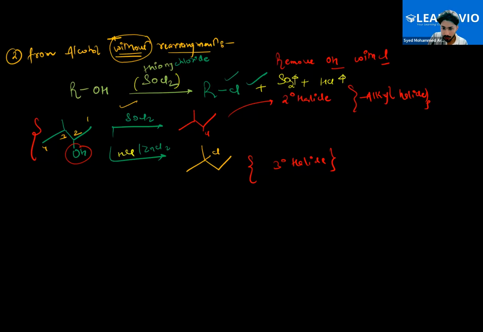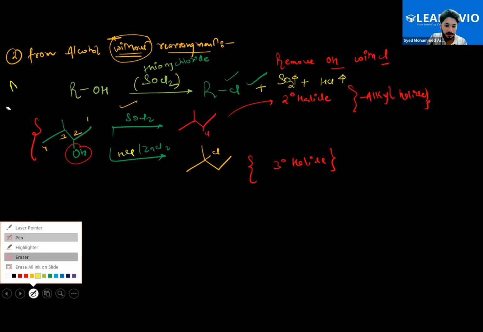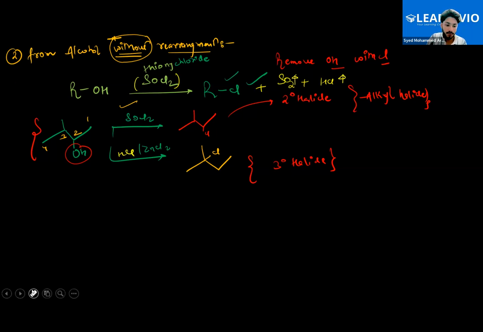This is considered to be the best method of preparation of alkyl halide. This question will most probably be asked in your examination. This is the best method of preparation.